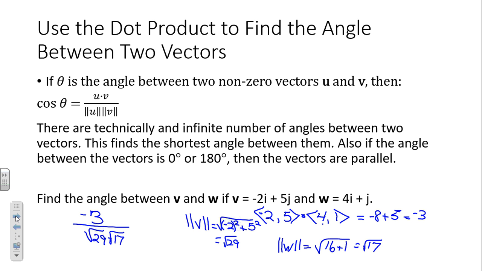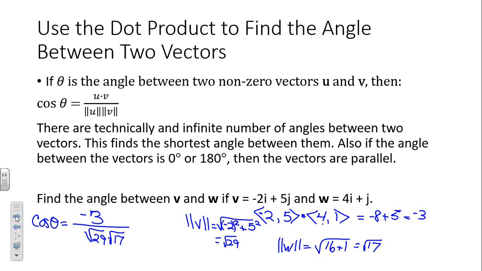And remember that the cosine of our angle is equal to this. So we don't have to simplify the radical and get it out of the denominator, because how are we going to solve this to find the angle? Inverse cosine.